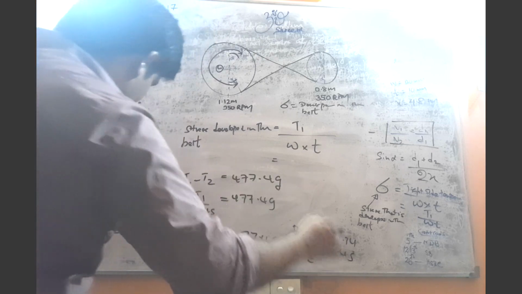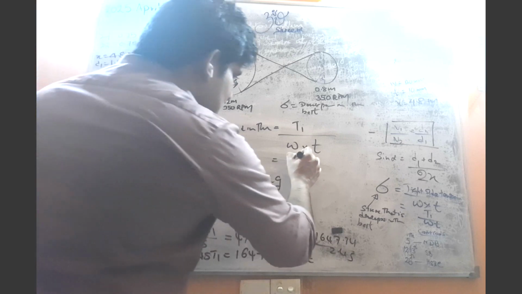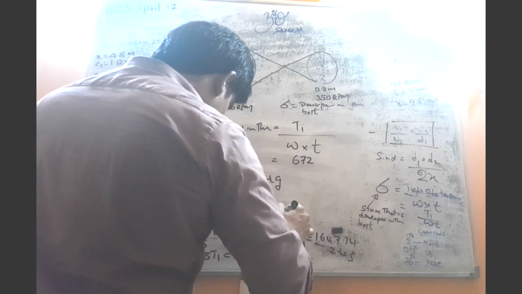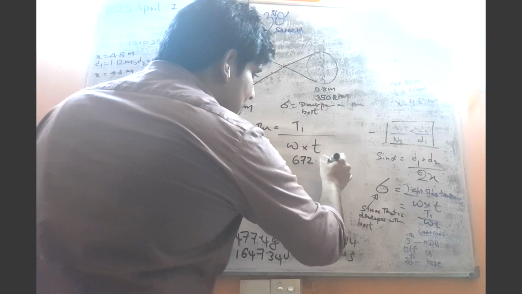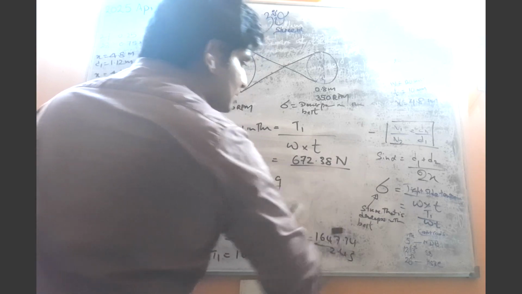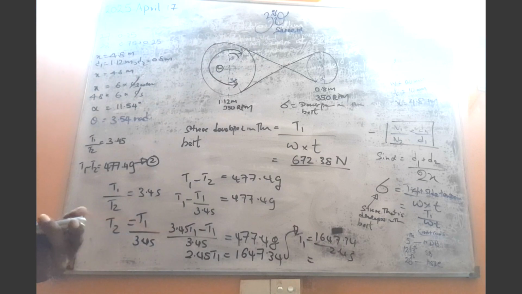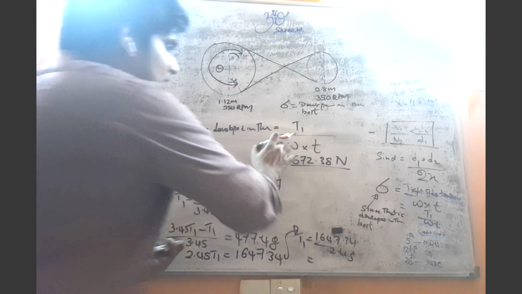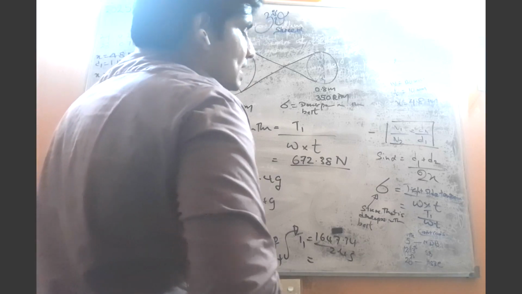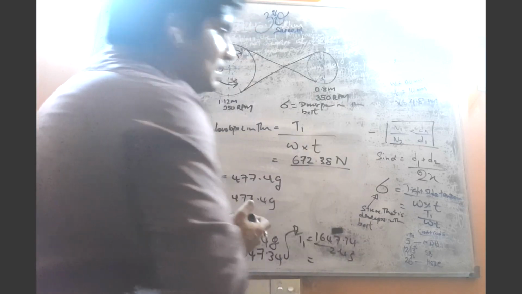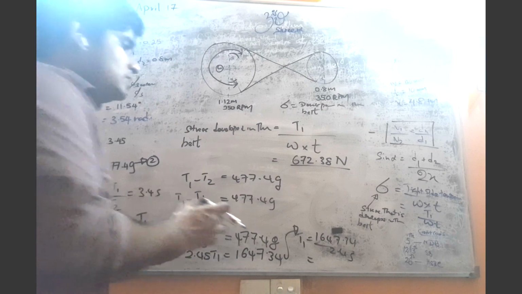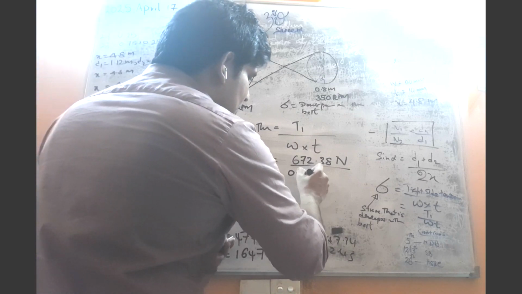Now T1 we have calculated: 672.38 newtons. I hope that is clear. Now, what is the value of the width? That is 120 millimeters, so you can say 0.12 meters.